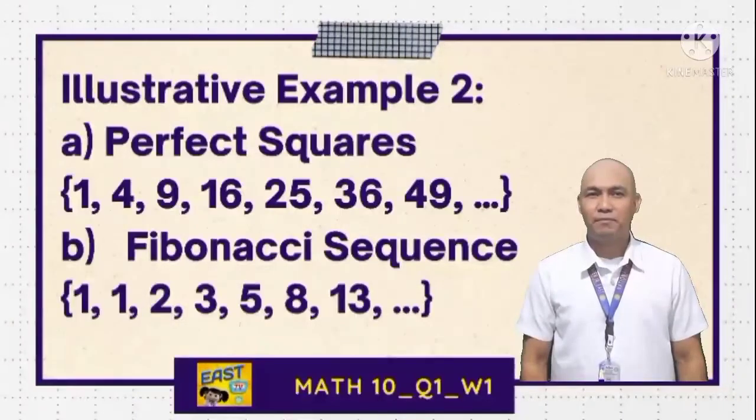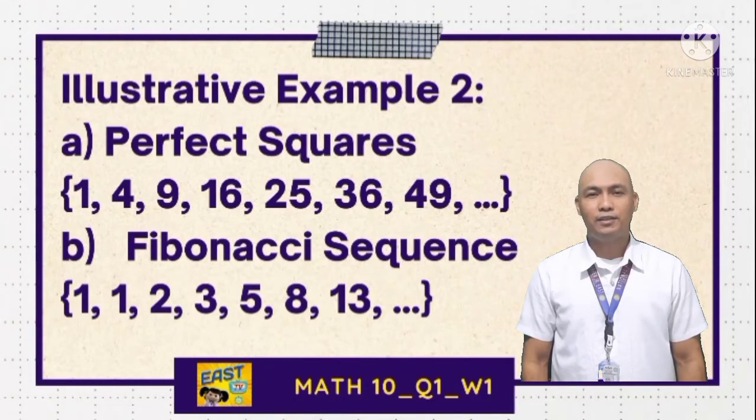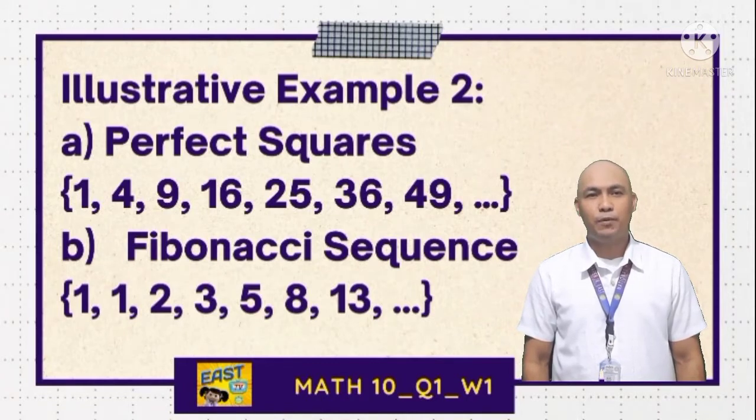Example number 3, or letter A, perfect squares: 1, 4, 9, 16, 25, 36, 49, and so on. Or letter D, Fibonacci sequence: 1, 1, 2, 3, 5, 8, 13, 21, and so on. But we are going to discuss Fibonacci sequence thoroughly in the following weeks.